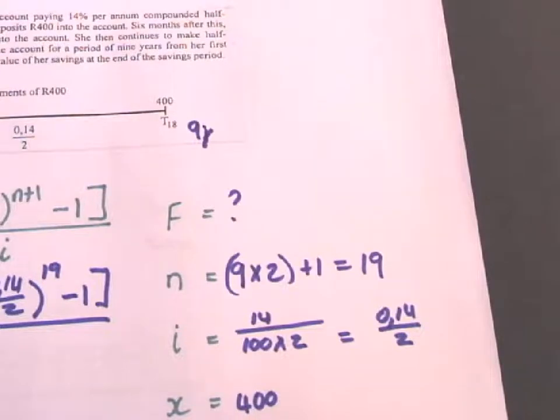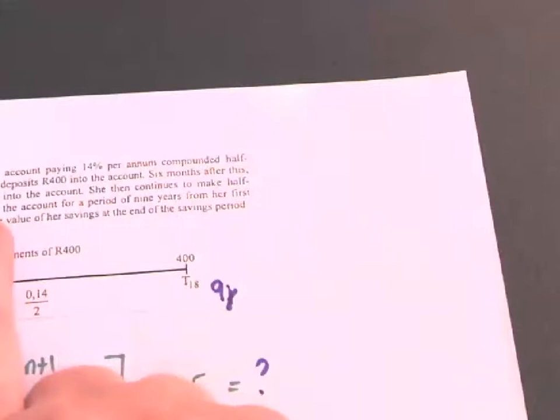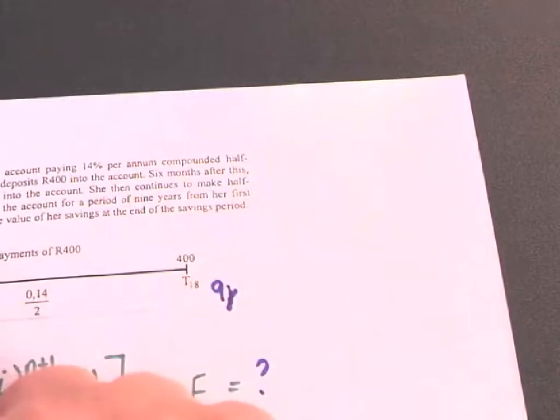What happens to that 6 months? She deposits 400. Then she continues to make half yearly deposits, not monthly. Is that what you're asking?